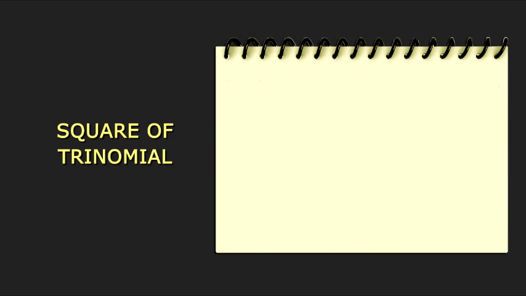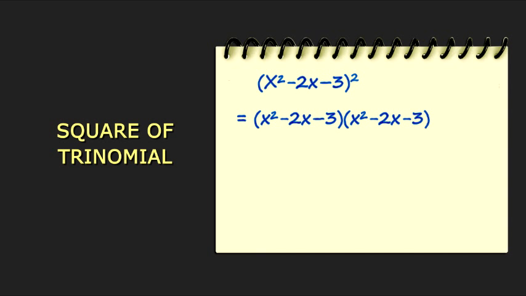Square of trinomial. Here is the example of a square of trinomial. X squared minus 2x minus 3, squared. The first thing we need to do is multiply x squared minus 2x minus 3 to itself. So, x squared minus 2x minus 3 multiplied to x squared minus 2x minus 3.